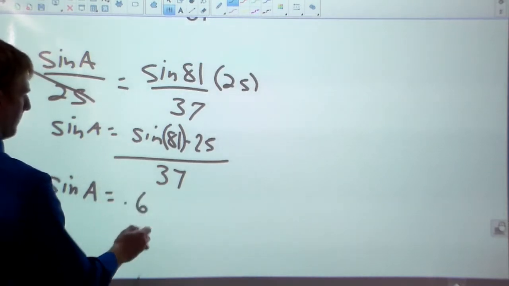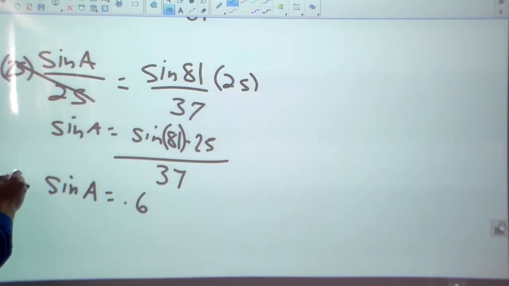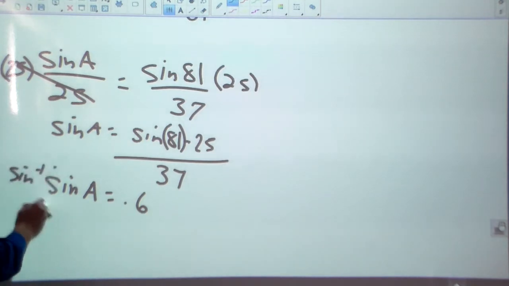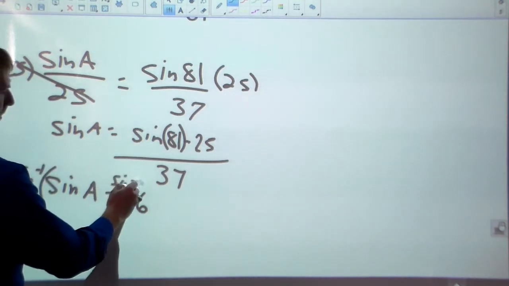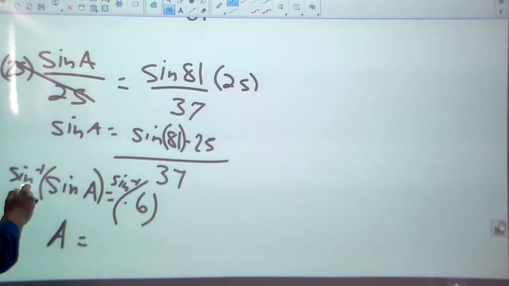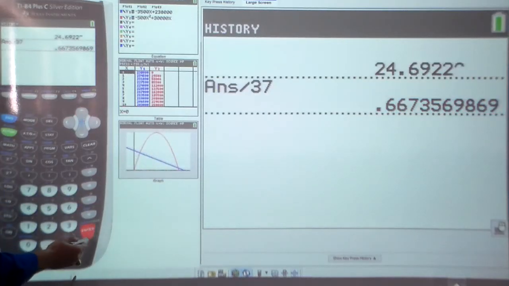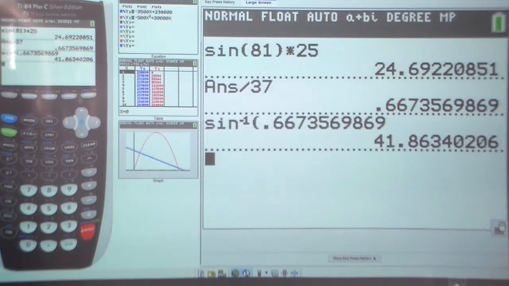I'm just going to say 0.6 to keep it simple here. So I'm going to need to take an arc sine, which I'm just going to abbreviate as sine inverse. I think it's easier to write that way. Arc sine undoes sine. I would always just go up and highlight all those decimals so you get a better answer. And about 41.9 degrees.